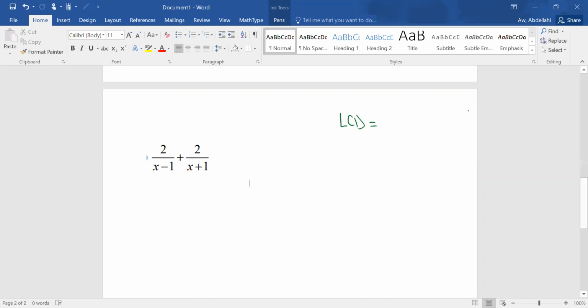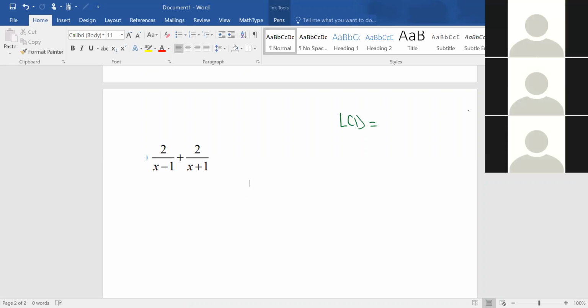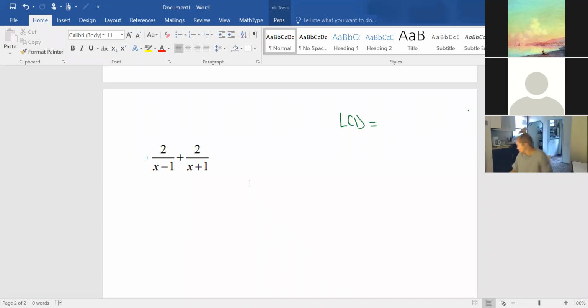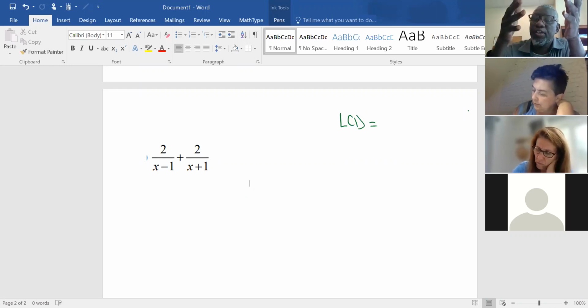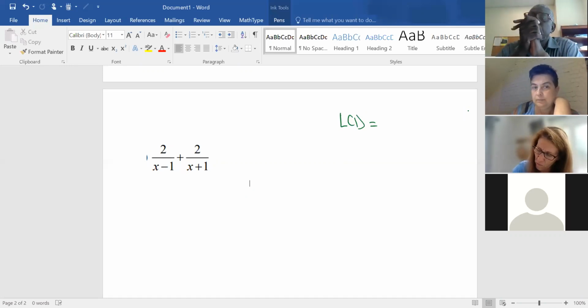Thank you. Remember last time we said if two denominators are completely independent, which means they don't share any common factors at all, which is the case here, then the LCD is just the product of both, right? It's like if you have the denominator 3 and the denominator 5, the LCD would be 15, which is 3 times 5, okay?